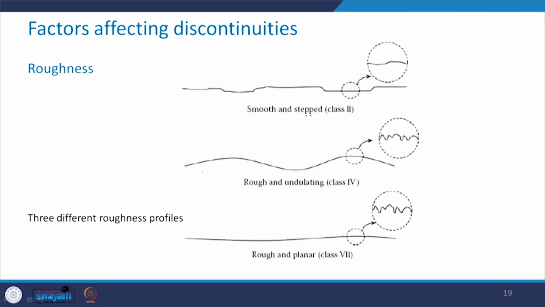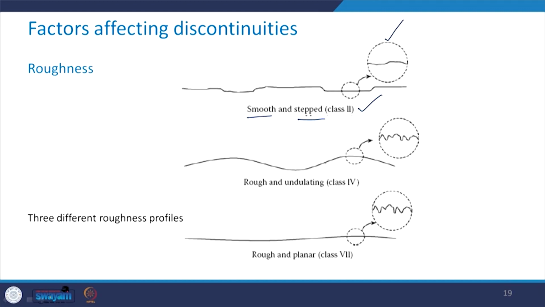From this figure, take a look. There are three different roughness profiles which have been shown. So, the first one is class 2, that is smooth and stepped. You can see here, if I take a small portion and zoom it here like this. So, you see what we mean by smooth and stepped. Then the next one is rough and undulating.